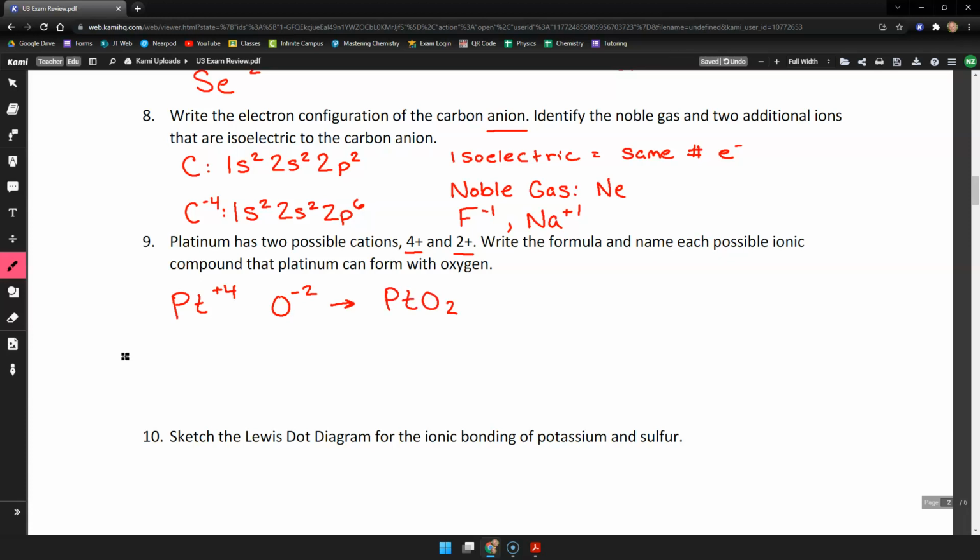And remember, since platinum has multiple states, we're going to use Roman numerals. This will be platinum, and it has a charge of 4, so it'll be platinum(IV). And then oxygen, we change the ending, oxide.